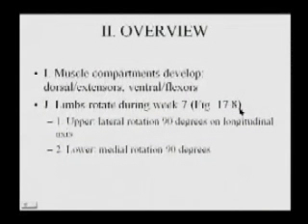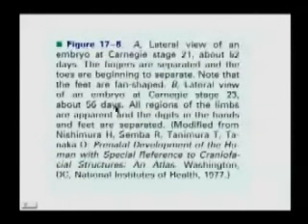We'll see this in figure 17.8. The upper limb will have a lateral rotation about 90 degrees on the longitudinal axis, and the lower extremity will have the opposite, a medial rotation of about 90 degrees. And this creates the adult human appearance as we know.